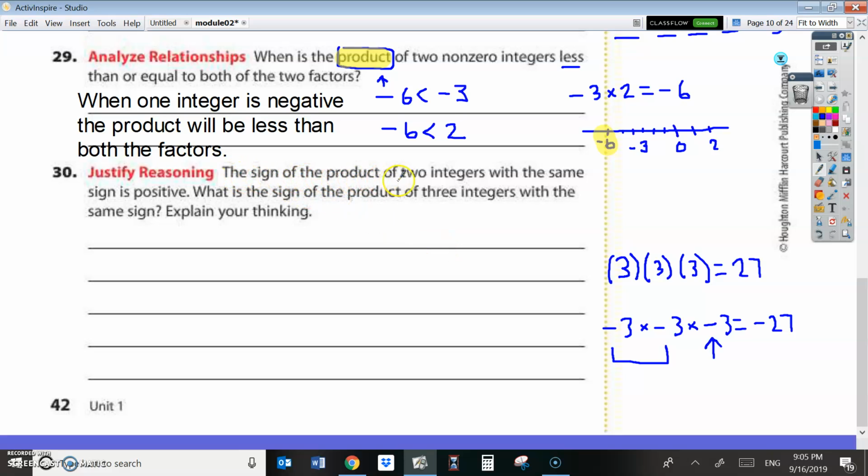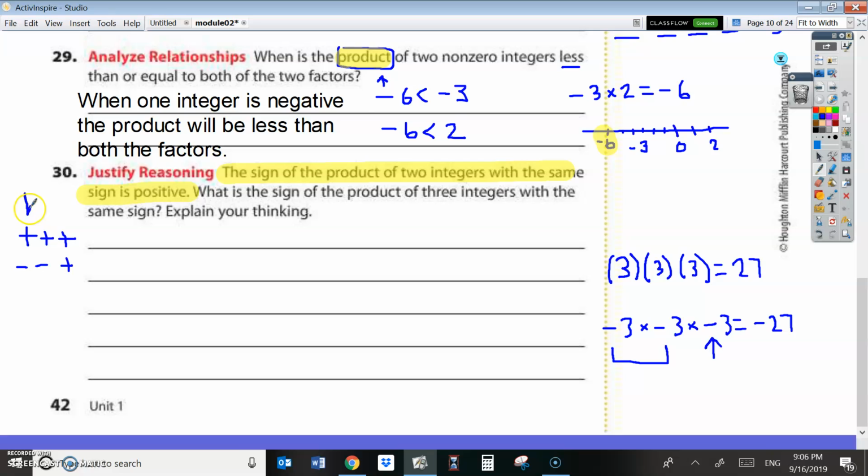So the sign of the product of two integers with the same sign is positive. So what they're talking about right here is good things happen to good people, and that's good, or bad things happen to bad people, and that's good.